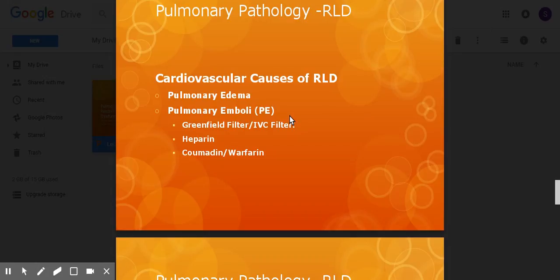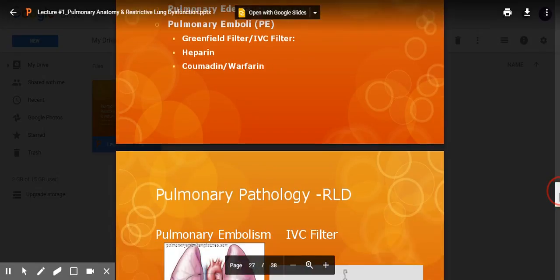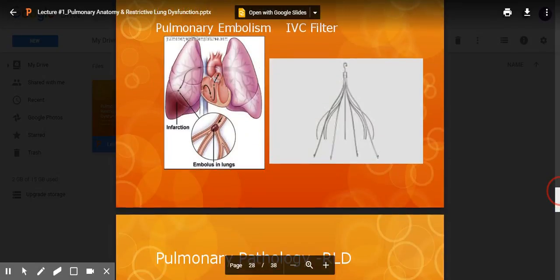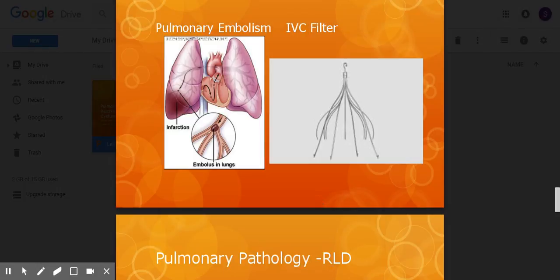And again, we discussed pulmonary embolisms extensively during the cardiac portion of the course, but just wanting to review here that sometimes treatment options are the placement of a Greenfield filter or an IVC filter to catch those blood clots, leaving typically the lower extremity and traveling to the lung, and the use of heparin and Coumadin to prevent those clots from getting big enough to cause significant areas of death or destruction.